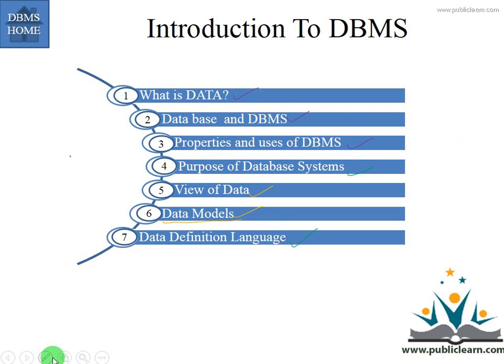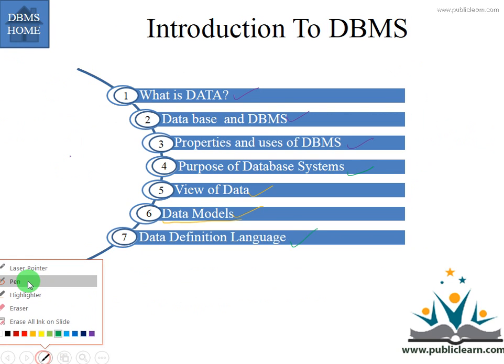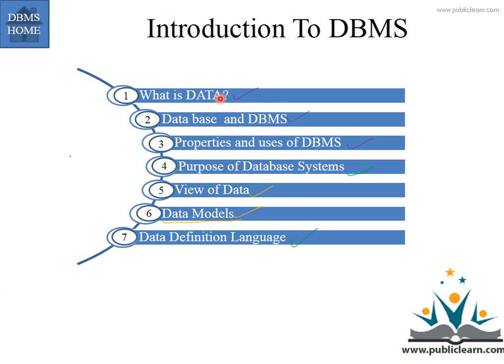What is data? Data is just a fact. Database is a collection of information. DBMS is to manage. Properties, yes, a few properties to overcome, and this is the purpose. And view of data, here we discussed three.